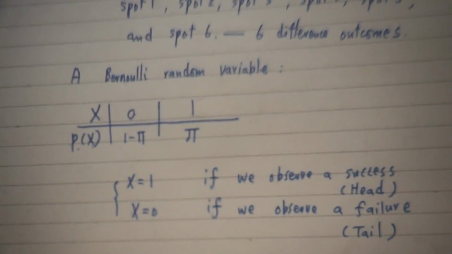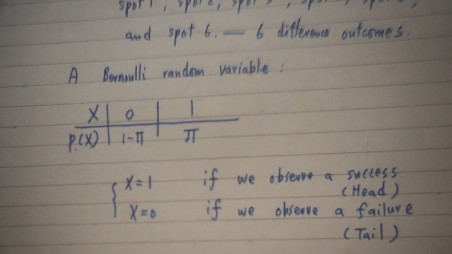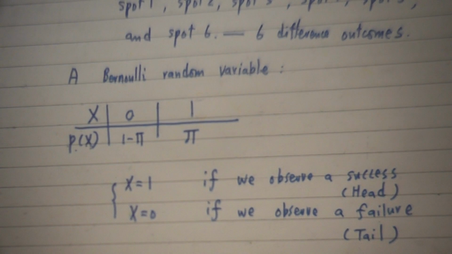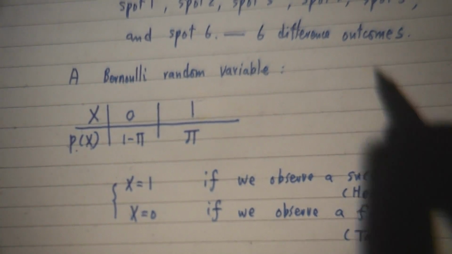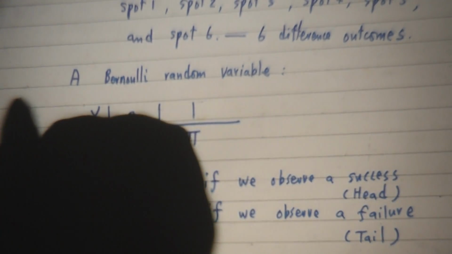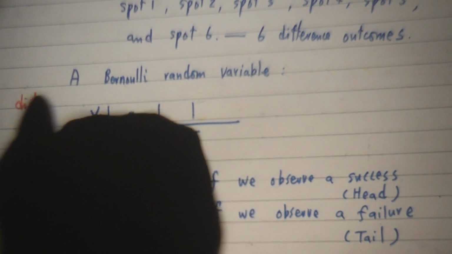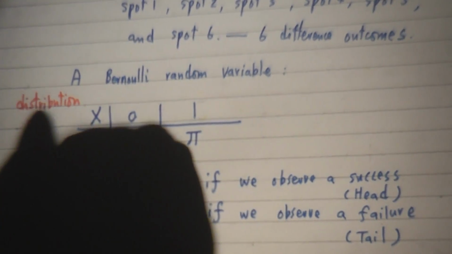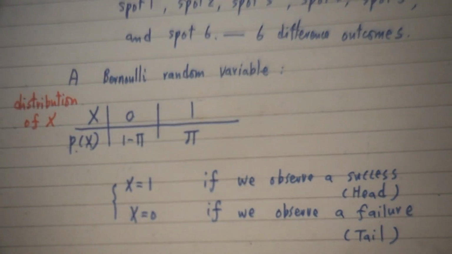So, look at this expression here. This is the distribution of x. When we say distribution of a random variable, what does that mean?